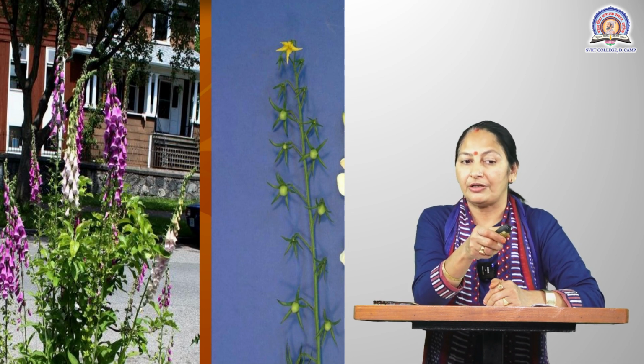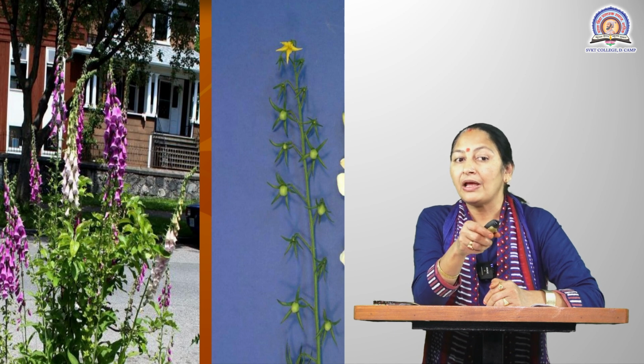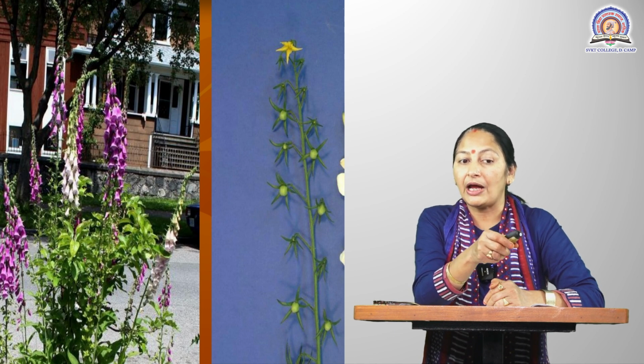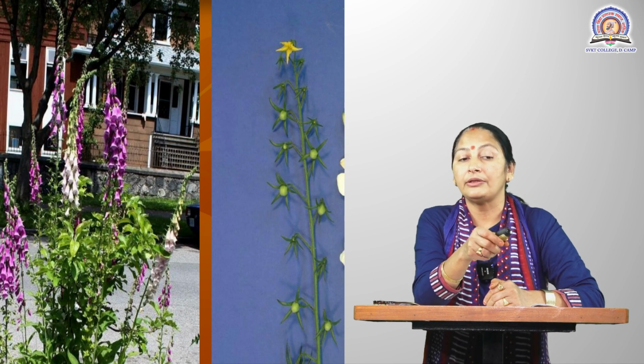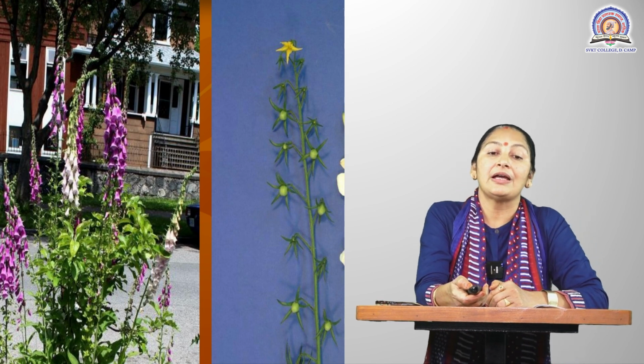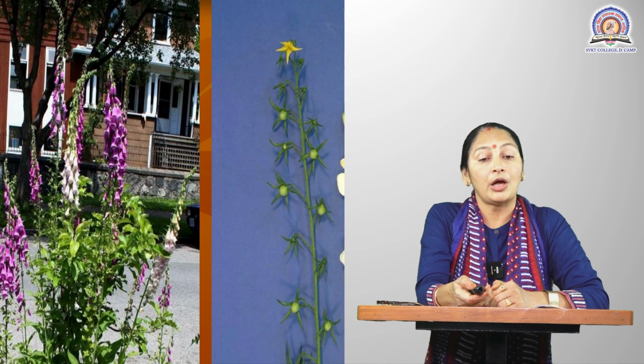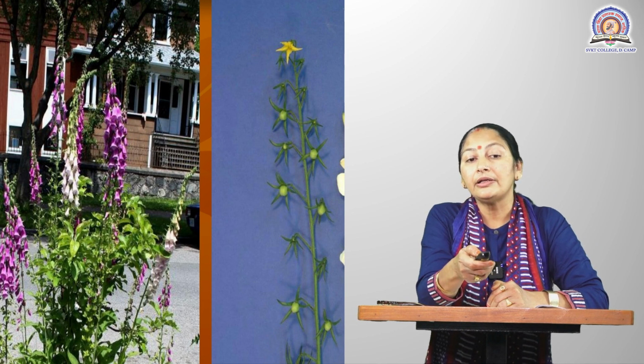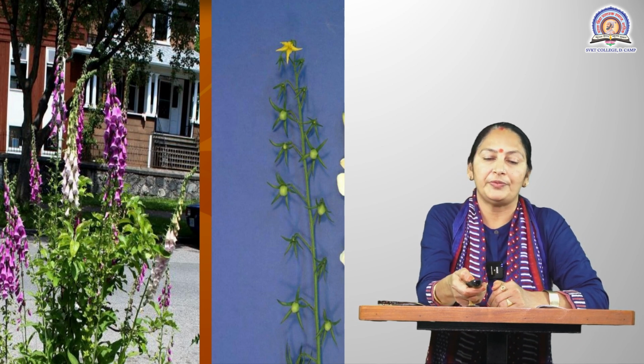See student, this is the lavender color and the pinkish white color. All these floral axes are of unlimited growth, the older flowers are arranged on the basal side, and the buds are arranged on the apex side. Both pictures clearly show the racemose type of inflorescence.